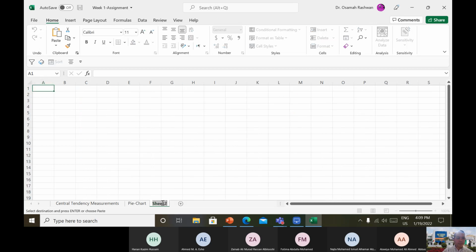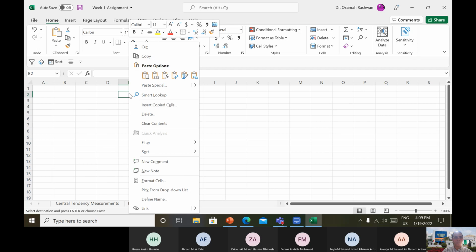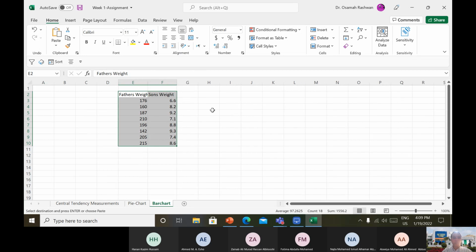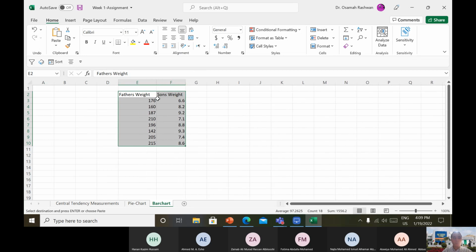And I can add one and call it bar chart. So I get my data here. Once you have the data here, you can graph a bar chart for one or two. For both of them, yes, I can go for that one.